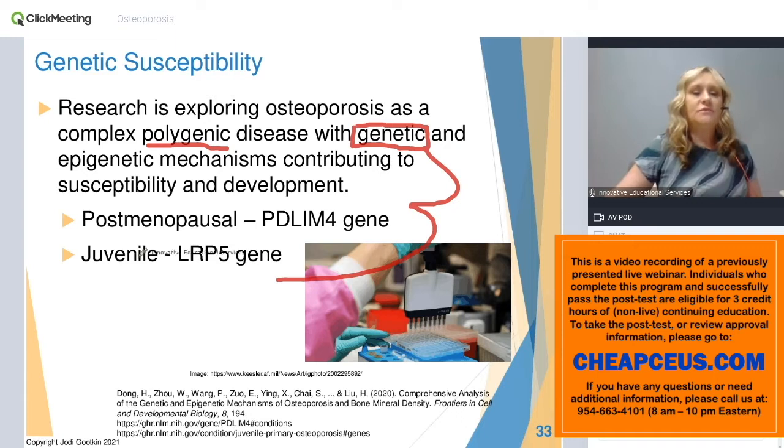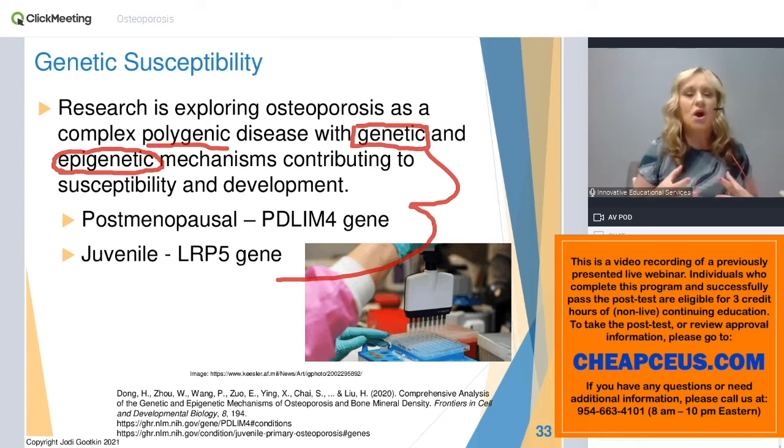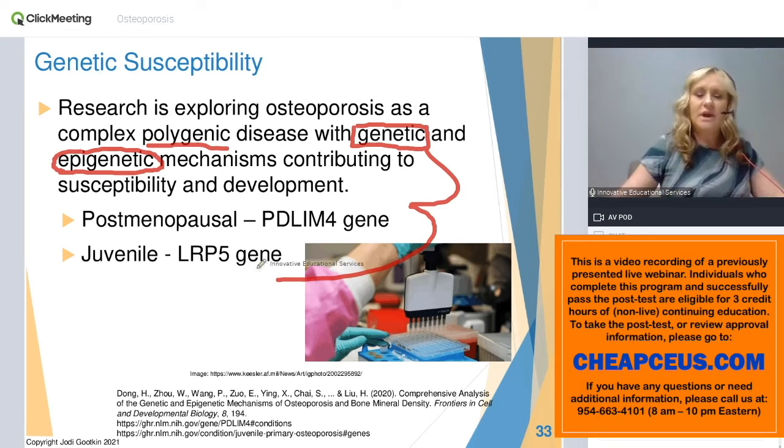And then they also recognize that there are epigenetic factors. That means that there are some type of chemical tags that switch these genes on and off. They haven't honed in on exactly what environmentally or lifestyle-wise those triggers are. That's where the research is going to be heading for the future, so we'll keep our eyes on that.